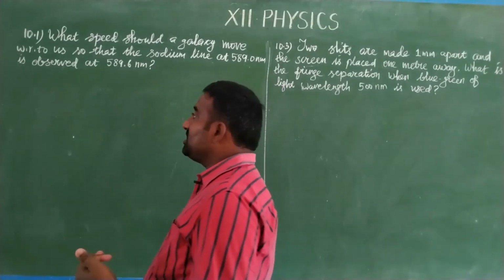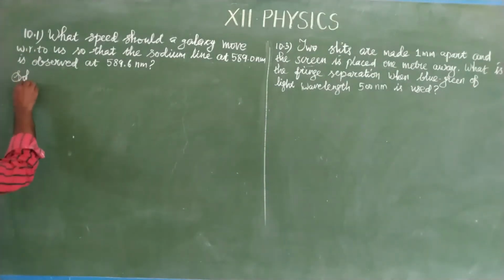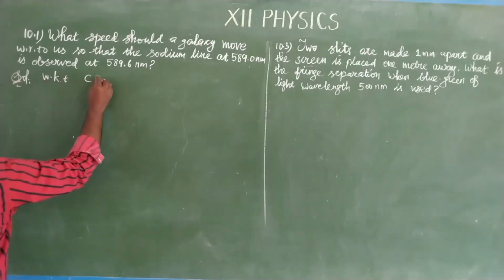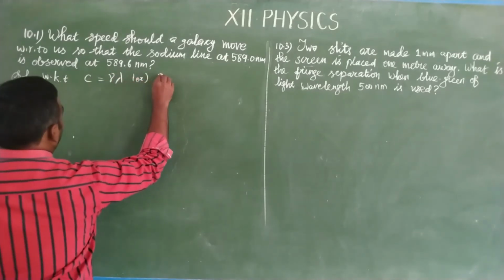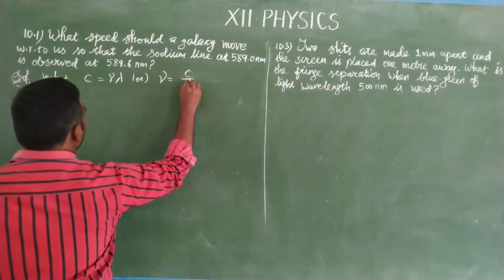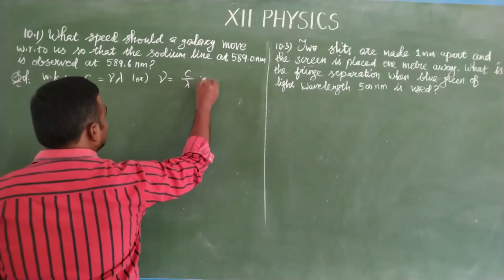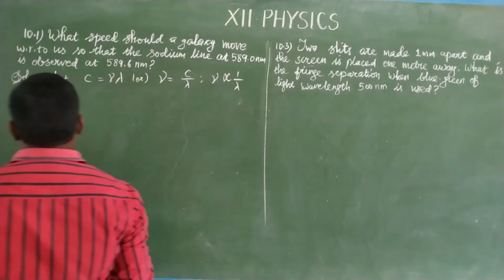So already we know the relation between the speed of light and wavelength. We know that the speed of light is the product of frequency and wavelength, or the frequency is the ratio of the speed of light to the wavelength. So frequency is inversely proportional to wavelength.